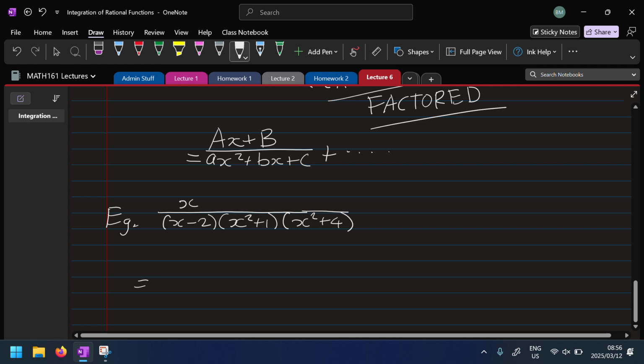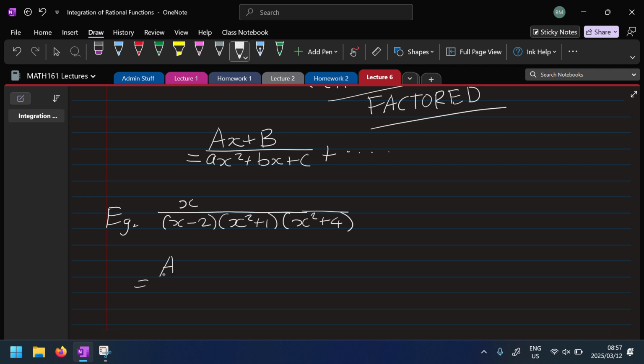So for the first one, it's linear, so we're going to have some number a over x minus 2. The next one is quadratic. We can't factor it, so it's going to be some bx plus c over x squared plus 1. And the last term, x squared plus 4, is quadratic. We can't factor it, so there's going to be some dx plus e over x squared plus 4.